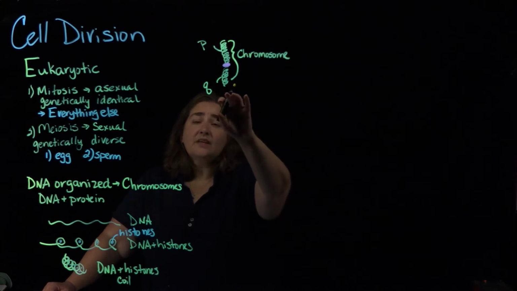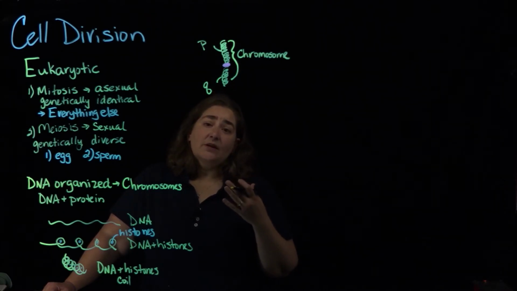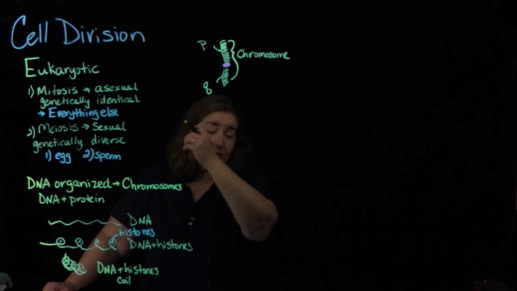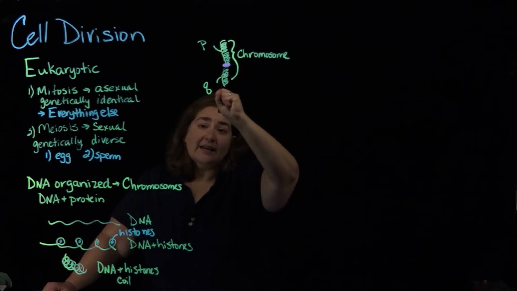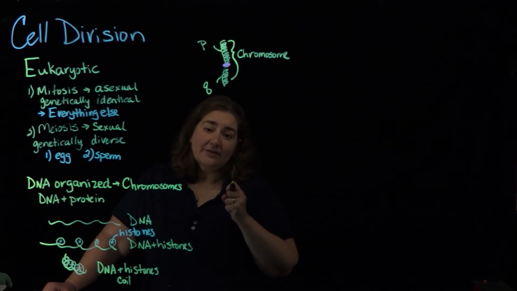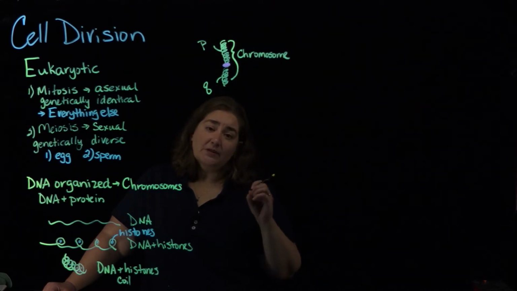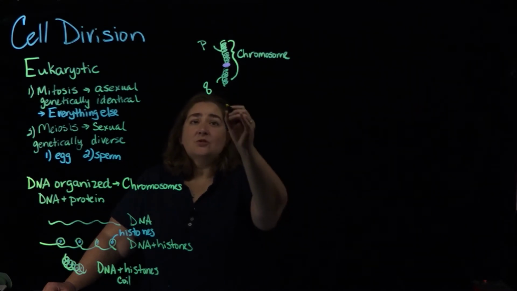But that's going to be a way that the human chromosomes are going to organize. There's going to be a little bit of protein that hangs in and holds those together. This pink bit is going to come into play when we talk about how the chromosomes are allocated or separated into the two new cells. And I'll talk more about that structure then. But for now, I just want to show you what the chromosome is.